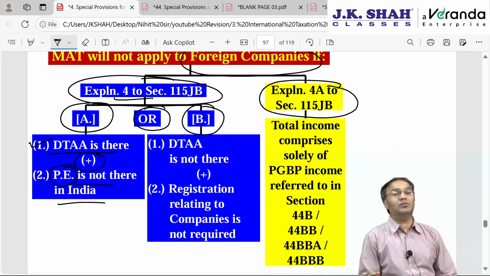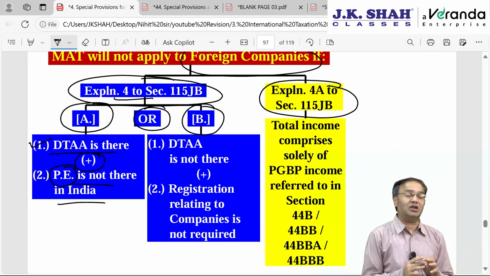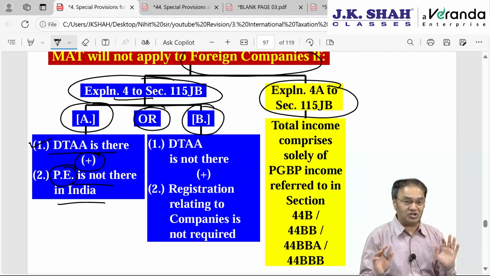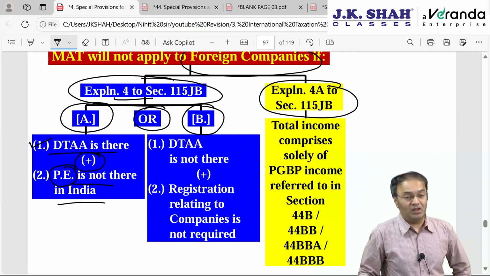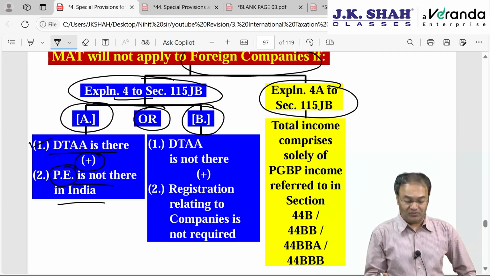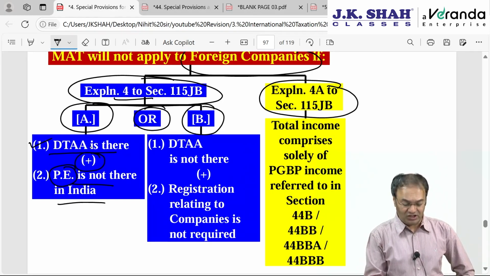Then no need to apply the minimum alternate tax chapter. MAT will not apply to such a foreign company which is coming from a treaty country and does not have a branch in India. Second set of condition, either A or B.